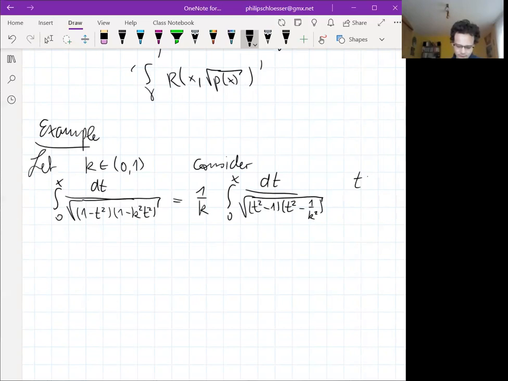And then we can substitute t squared is equal to u, meaning that 2t dt is equal to du, or that dt is equal to du over 2 times the square root of u.